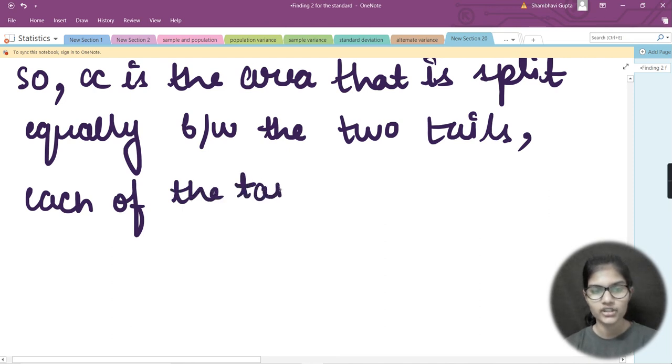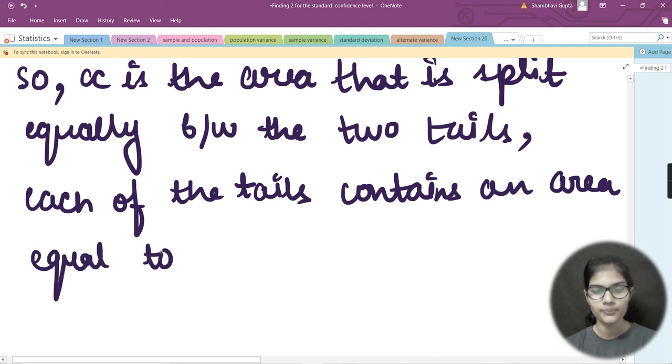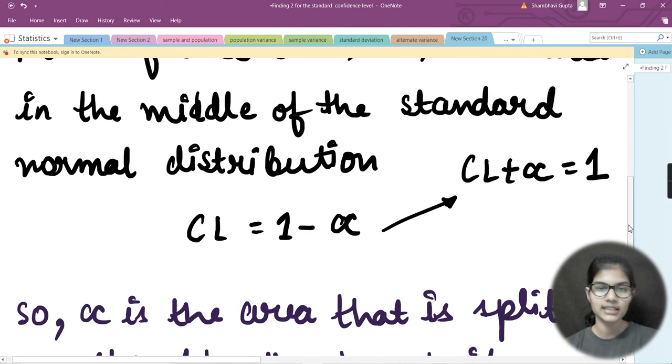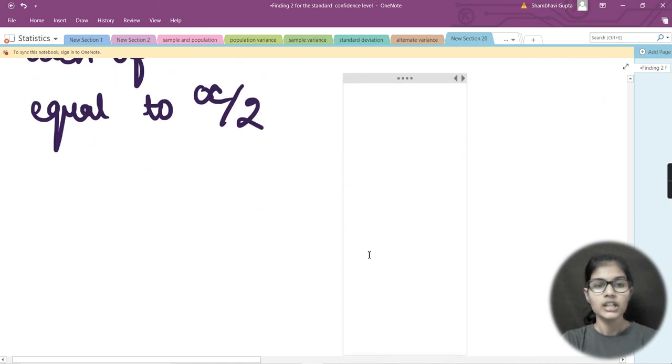Each of the tails contains an area equal to alpha by 2. Fine. So what is alpha now? Above, I wrote one formula: CL is equal to 1 minus alpha. So alpha is the area that is split equally between the two tails, and each of the tails contains an area equal to alpha by 2. This is what alpha is denoting here.